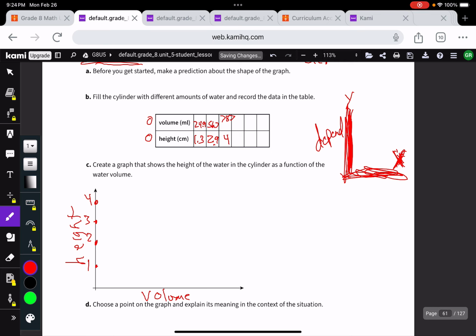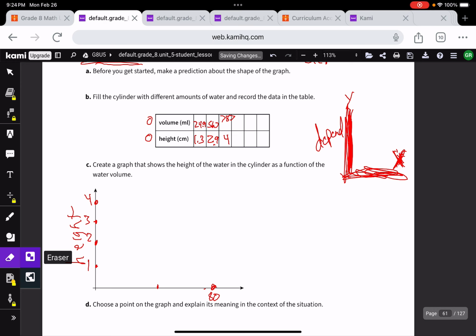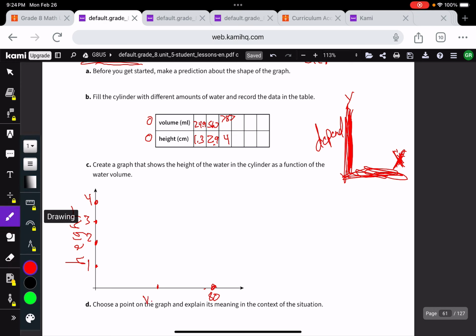And our biggest piece of information is 78.7, so the biggest we need is 80. And half of 80 would be, excuse me, volume. I'm going to write you a little further down here. That would be 40, which means right here is 60, which means right over here is roughly 20.